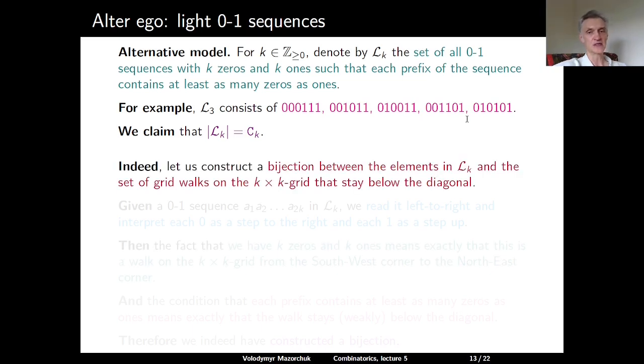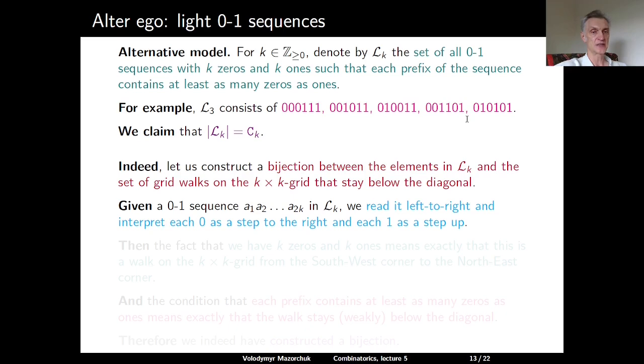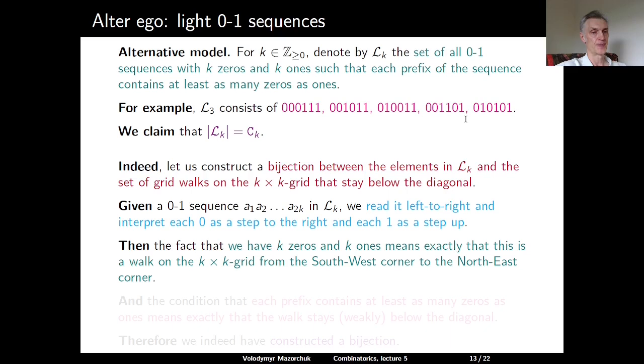Indeed, let us construct a bijection between the elements of L_k and the set of grid walks on the k times k grid that stay below the diagonal. Given a sequence a_1, a_2, and so on, a_2k in L_k, that's a 0-1 sequence which is light in the sense that each prefix contains at least as many zeros as ones, we read the sequence left to right and interpret each zero as a step to the right and each one as a step up.